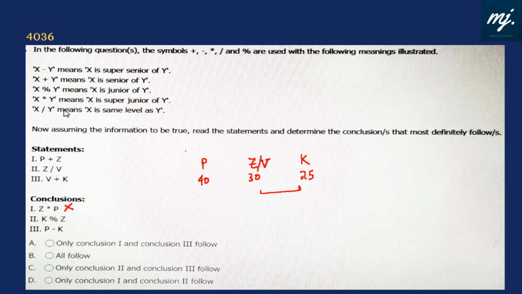This is senior and this is super senior. So yes, that is true. K is junior of Z. Conclusion 2 follows. P minus K. P is super senior of K. Yes, we can see that P is senior and senior. P is super senior to K. Conclusion 3 also follows. So I'll go with 2 and 3, that is option C. Only conclusion 2 and conclusion 3 follow.